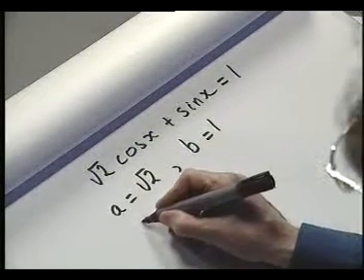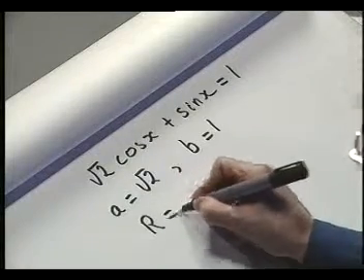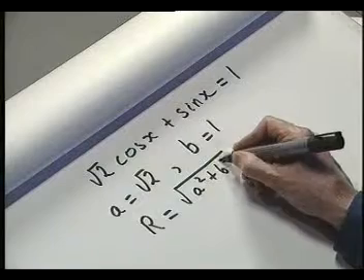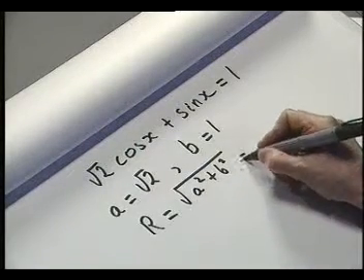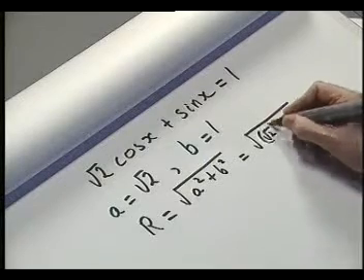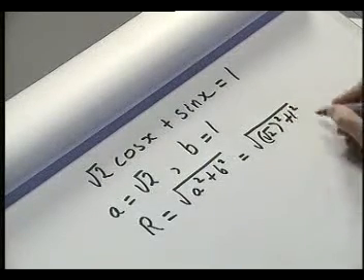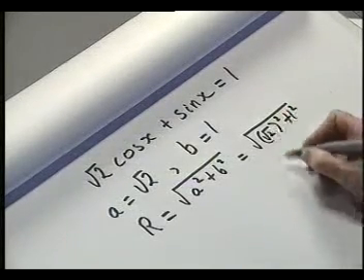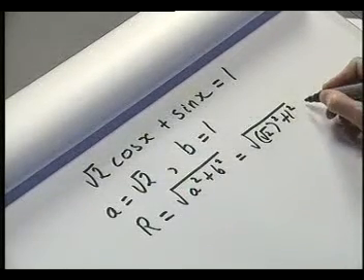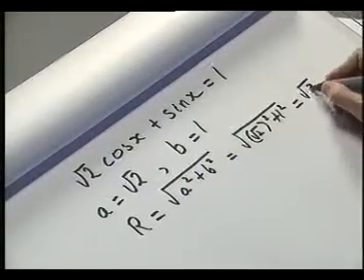So we can calculate r. R is the square root of a squared plus b squared. So that's the square root of root 2 all squared plus 1 squared. Root 2 all squared is 2. 1 squared is just 1. So this is root 3.